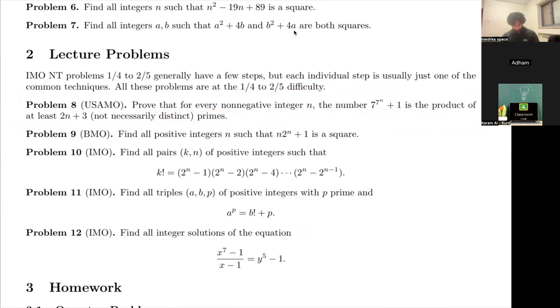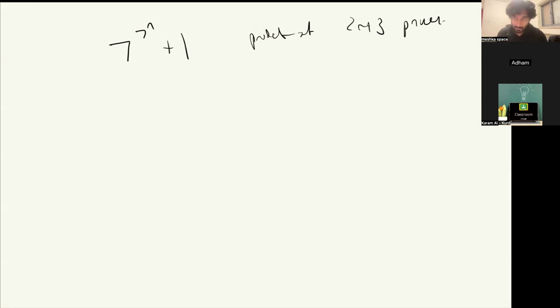So we want to show 7^(7^n) plus 1 is a product of 2n plus 3 primes. They don't have to be distinct primes. So where do we start with this problem?